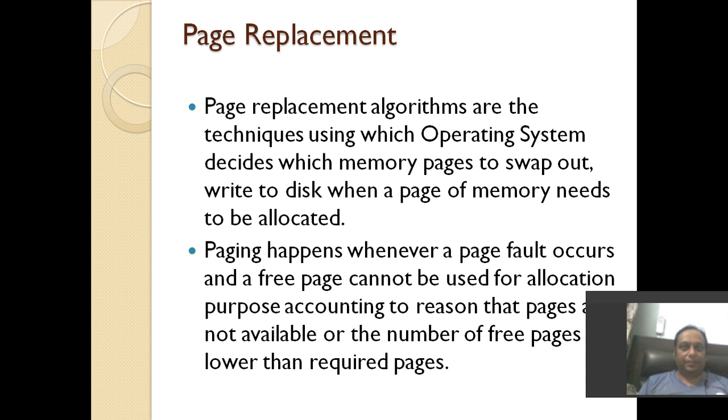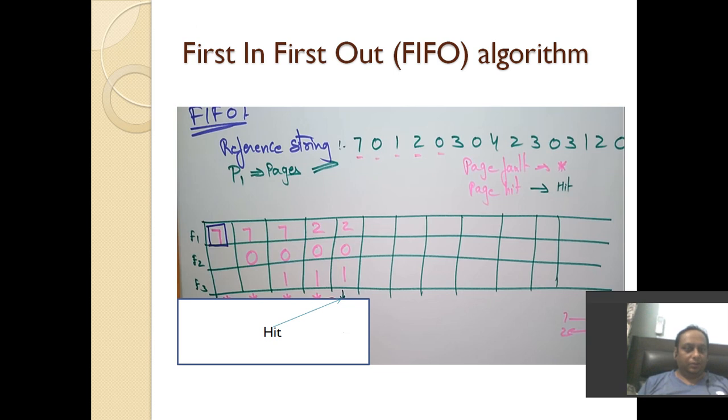Page replacement is simple: some processes are executing and some new demands are generated. So how can we adjust those new demands in the main memory, how do we allocate the new pages and deallocate the old content of the pages? That is discussed in page replacement. So I am going to discuss the algorithms.